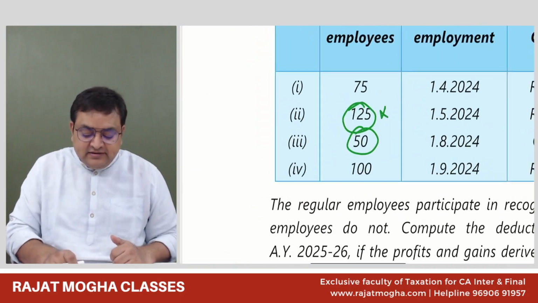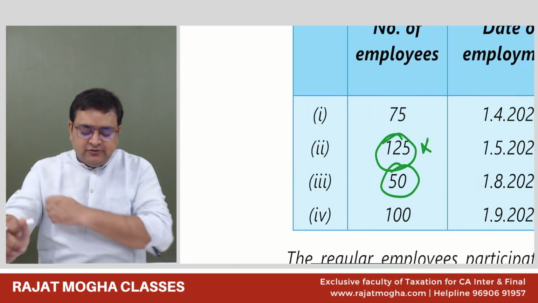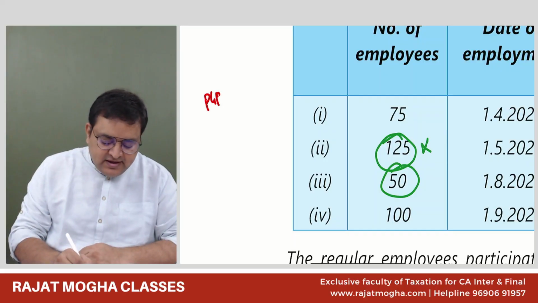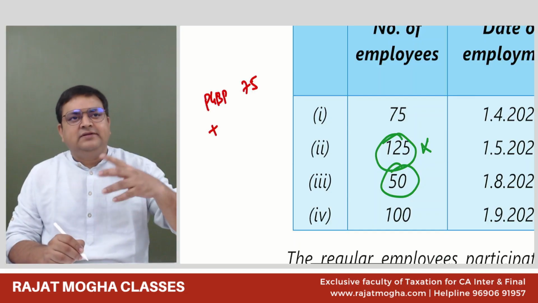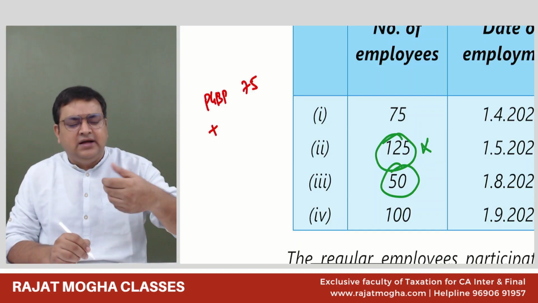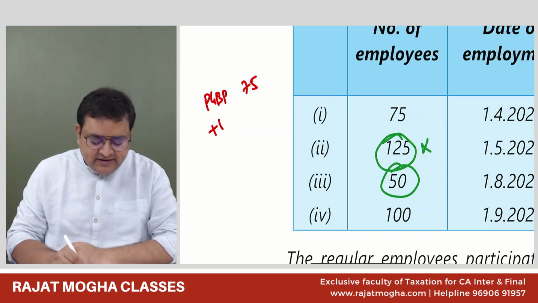So we understand that these deductions are given from GTI. So let's say from this business, he has PGBP income of 75 lakh, and let's say, for example, he has some other income also. Let's say IFOS income also. It's not casual. Let's say he has IFOS income also of rupees 20 lakh.